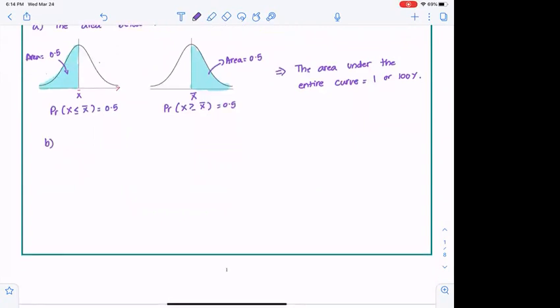We all know that we can convert an observation from a normal distribution to a z-score.